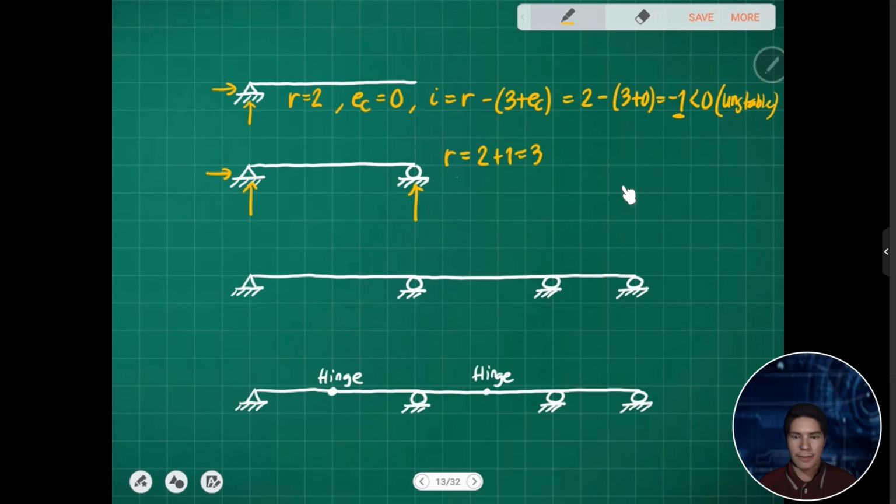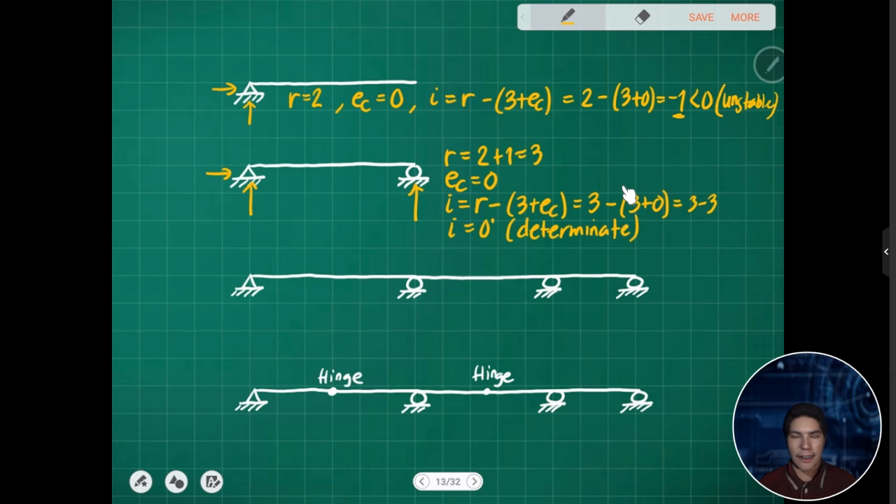And then we have no internal hinge, so that is 0. So the degree of indeterminacy is r minus 3 plus EC. So we get 3 minus 3 plus 0, so we have 0 degree. So this is determinate.